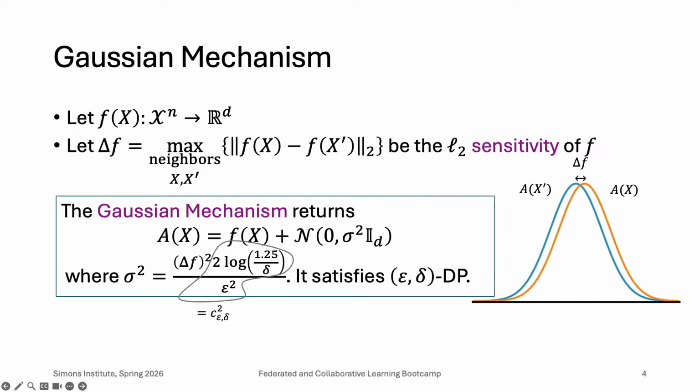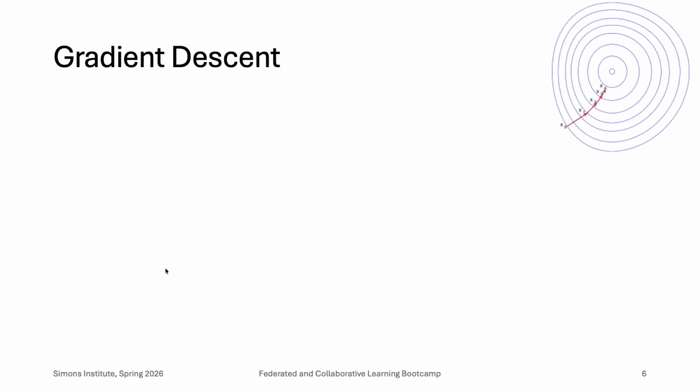And this is going to grow with the sensitivity, which is delta f, the global sensitivity of f, times this other term, which is the log 1 over delta over epsilon term, and we're going to abstract it into this c epsilon delta term. Good. So this is the main workhorse for all of these algorithms.